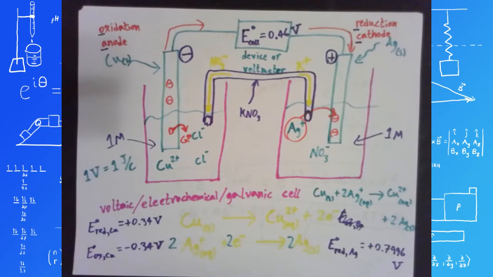So you can only ever calculate the voltage difference between two electrodes, which is why we have to come up with something, or, well, we don't have to, but it's useful to come up with something that serves as our zero of voltage.